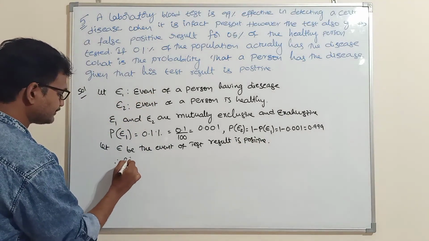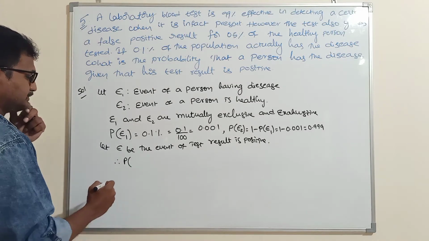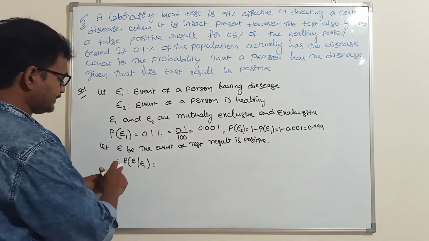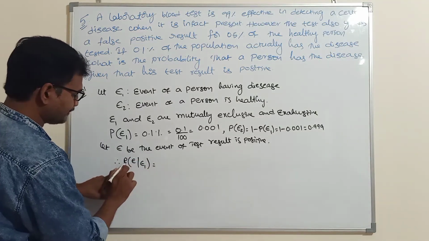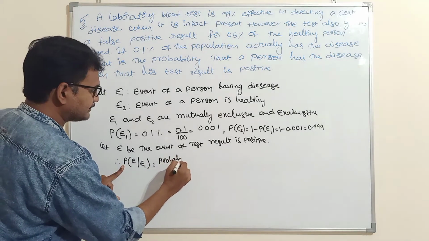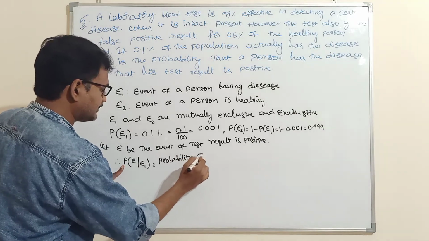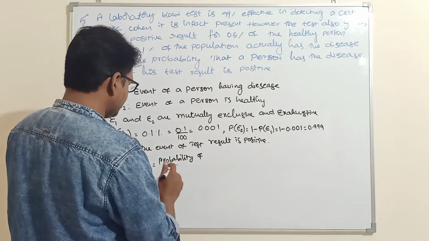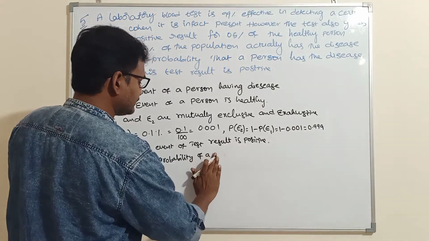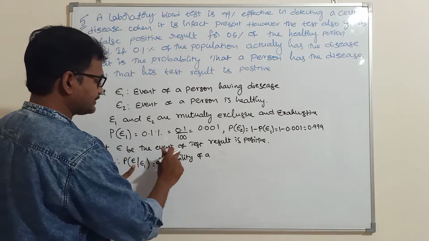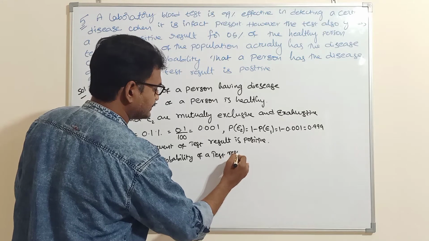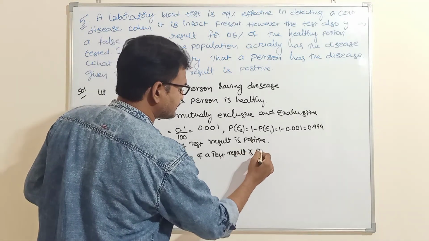Therefore, P of E given E1 is equal to how much? What is P of E given E1 means? P for probability of test result is positive. What does E denote? Test result is positive.